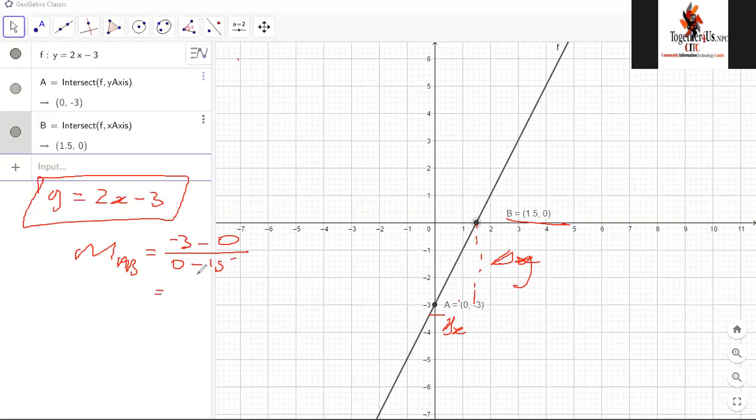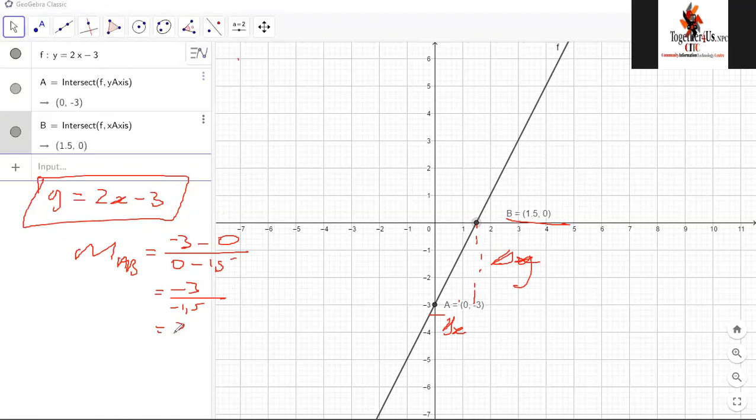And we see that this is now minus 3 divided by negative 1.5. And you can just punch this in the calculator, 3 divided by 1.5, and you will get an answer of 2.